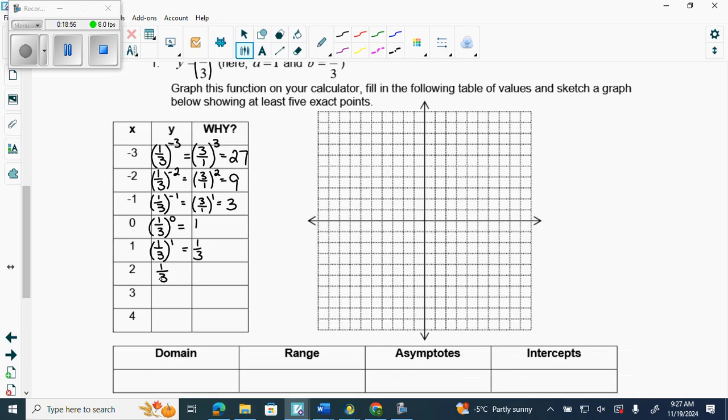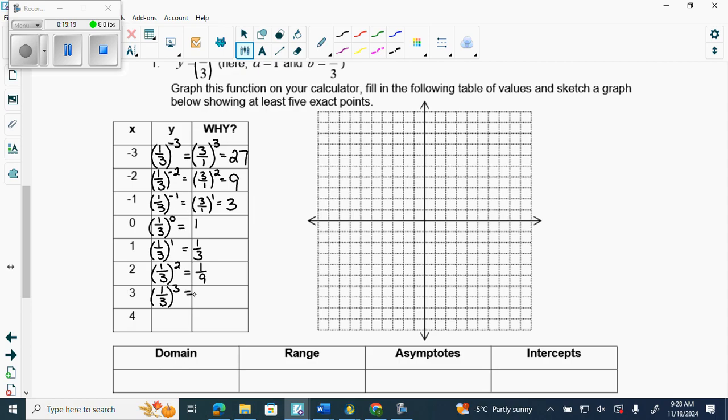1/3 to the 2. What do you do when there's an exponent on the outside? See how these exponent laws come back? But we drop them off for like a year and a half. Distribute to both, correct? We did this in binomial theorem too, so we talked about this already. So we're going to get 1 squared over 3 squared, which is 1/9. Then 1/3 to the 3.